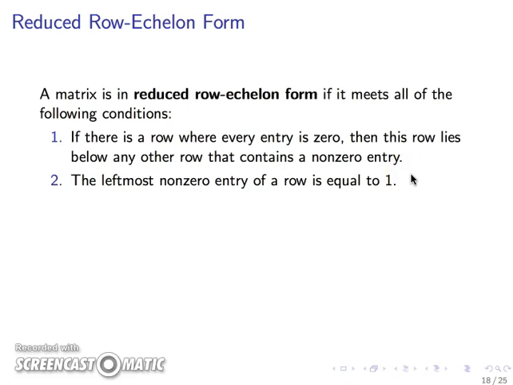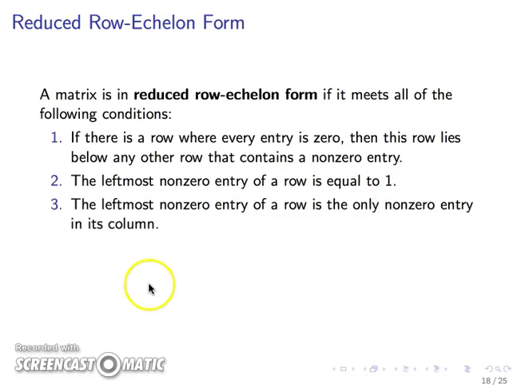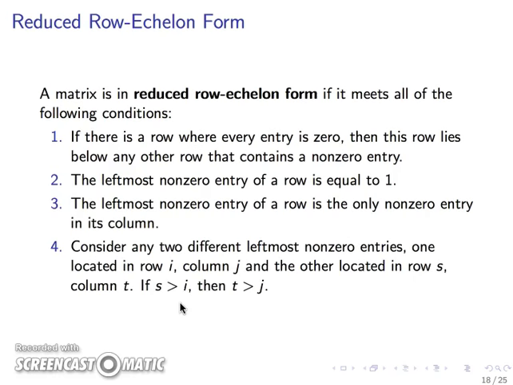They're going to be called pivots, and they're used to denote the so-called pivot columns. But the other condition is that the leftmost non-zero entry of a row is the only non-zero entry in that column.